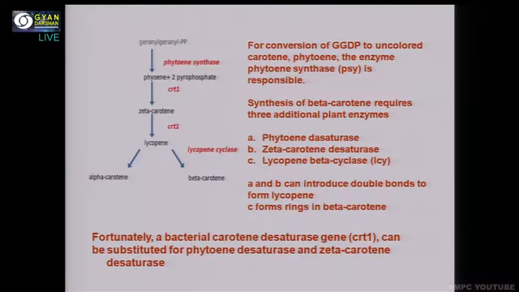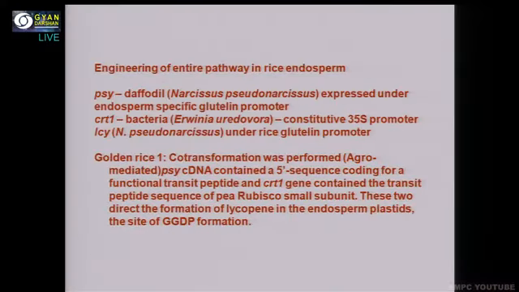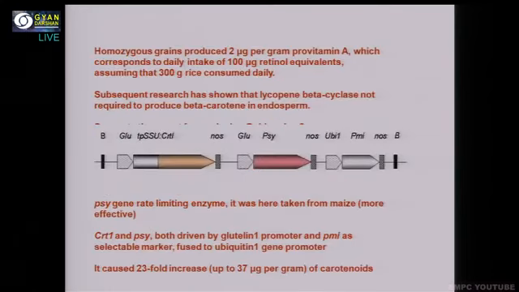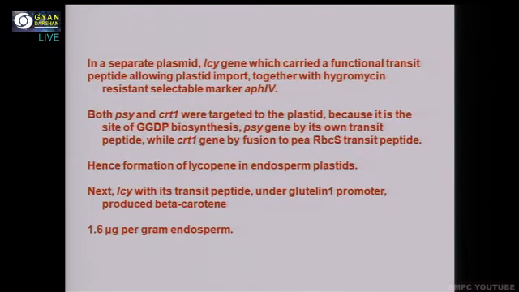Of course, it is quite delicate and cumbersome work, and it takes time, because you have to clone all these genes in vectors under specific promoters. And mind that in this case you have to use an endosperm specific promoter, because you want the beta carotene to be synthesized only in the grain and not in any other tissue. The end result was 1.6 microgram per gram of endosperm.